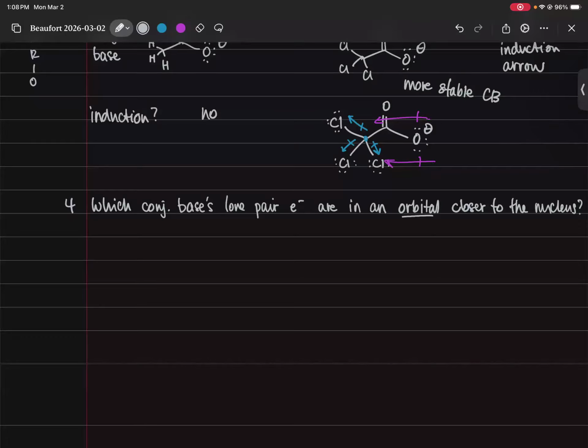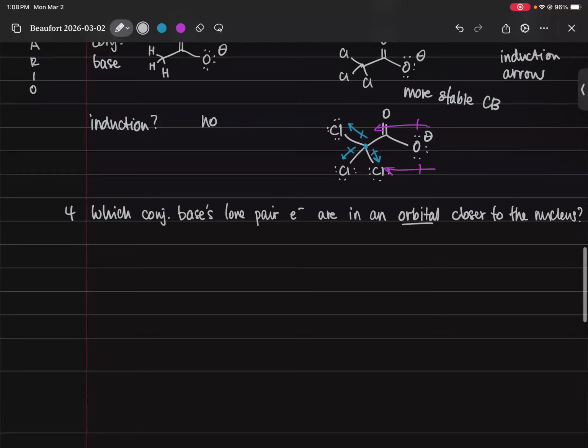Okay, and the question we want to answer here is which, well, really we're talking about the negative charge here, but negative charge isn't a physical object. So which electrons that contribute to the negative charge are in an orbital that is closer to the nucleus? That's going to be more stabilized. I don't know if that helps as much as maybe this example.